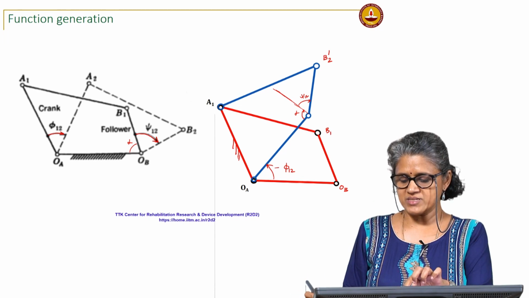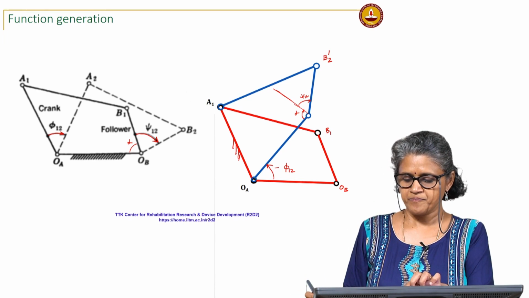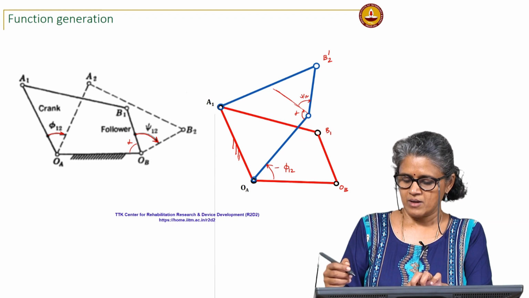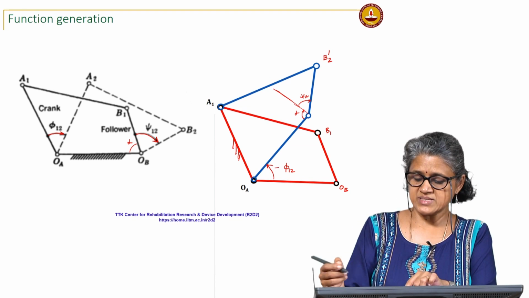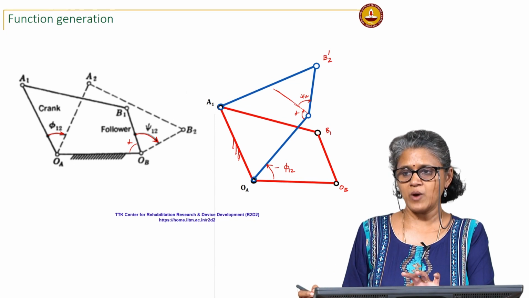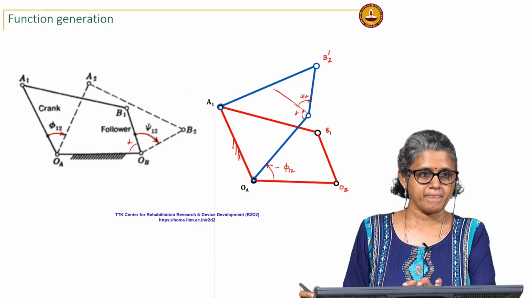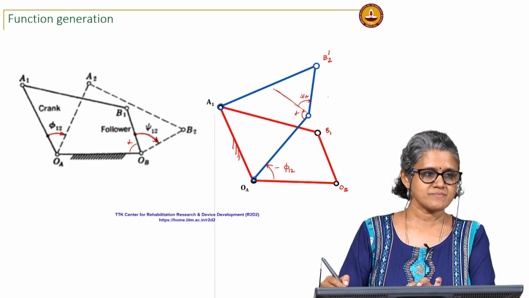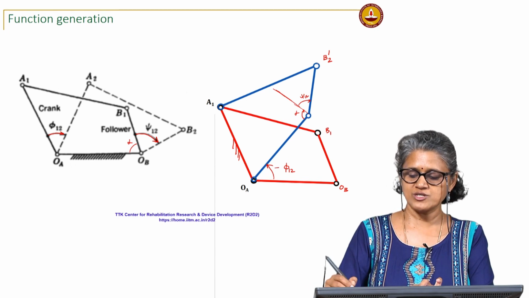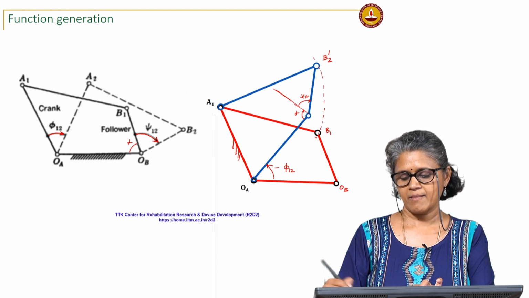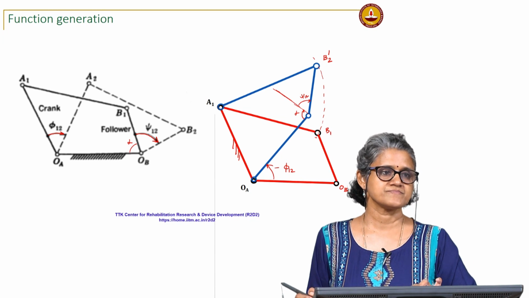If I do this, then it means that with respect to A1, B1 to B2 dash, that motion should have happened along a circular arc.